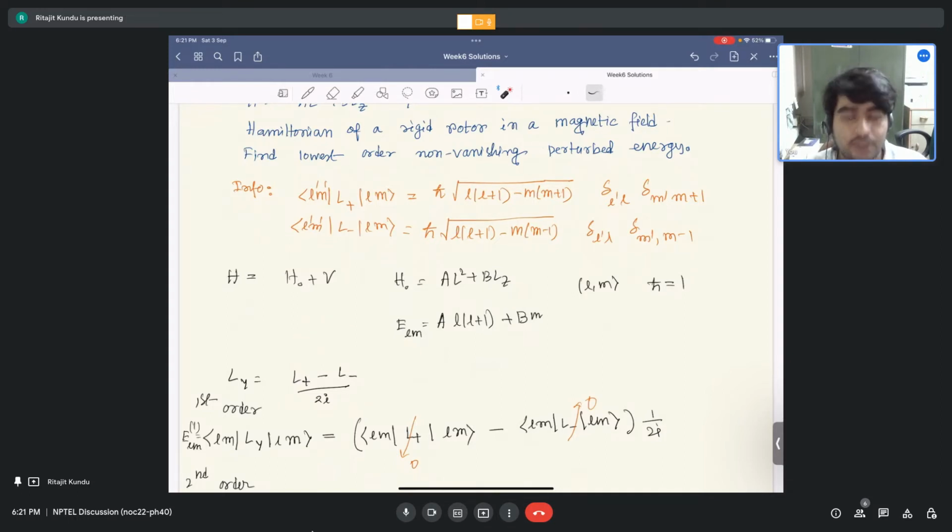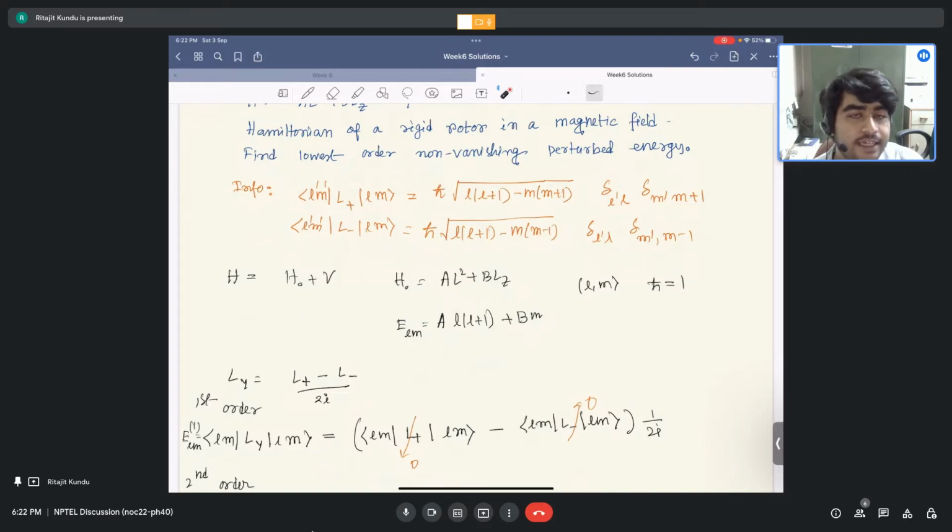So the given info is like this: if you take the matrix elements of L plus, you will get something like this as a coefficient, and this matrix element will be non-zero only when L prime is the same as L. So this is the Kronecker delta, which comes from the orthonormal properties of these LM states. M prime will have to be the same as M plus 1.